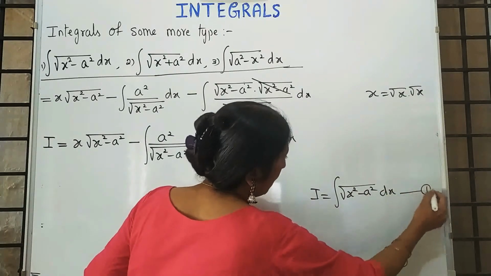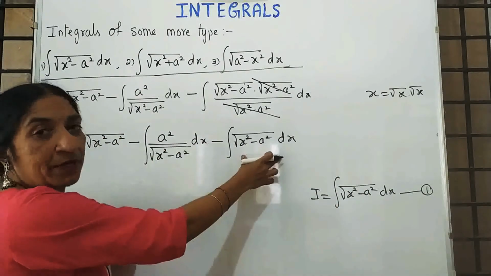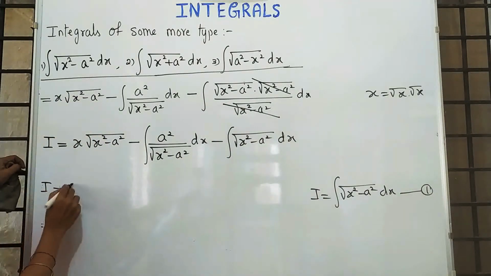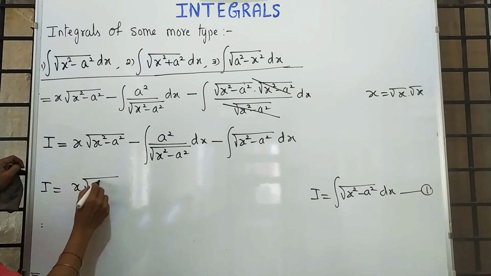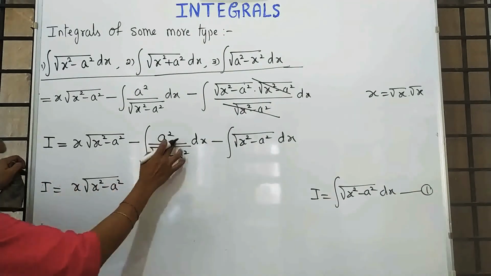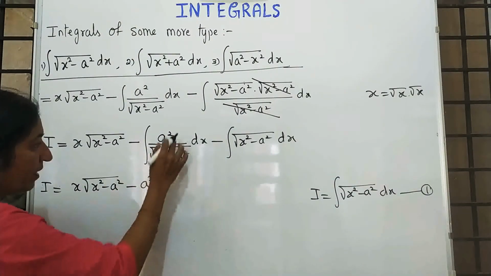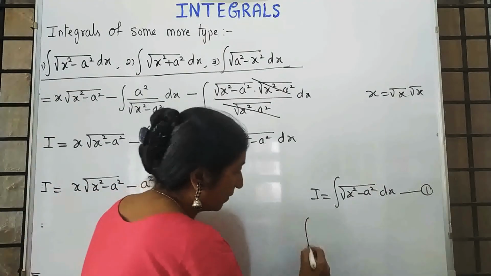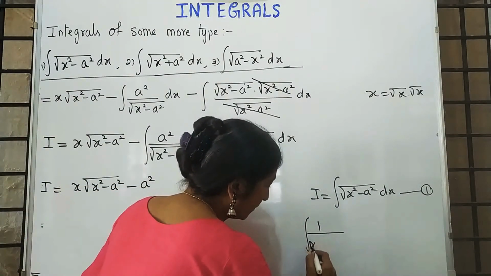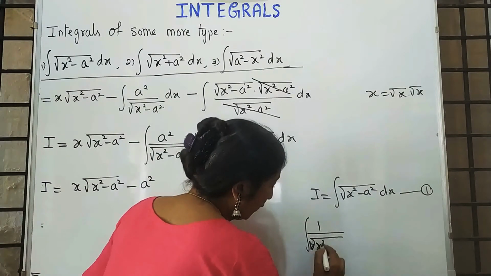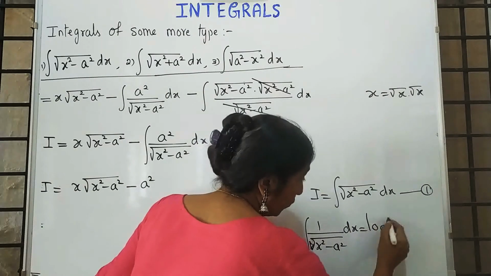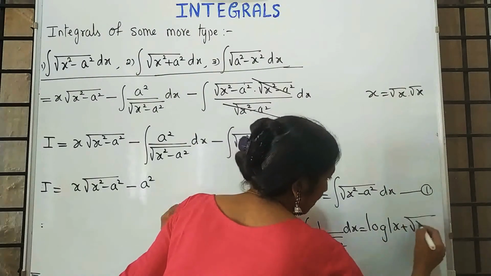We are taking this as equation 1. That means in place of this integration we can write I. I is equal to x into root of x square minus a square, and here a square common, 1 upon root of x square minus a square. Have you remembered this formula? 1 upon root of x square minus a square. Already we did the derivation, the 6 formula derivations. This is the formula.